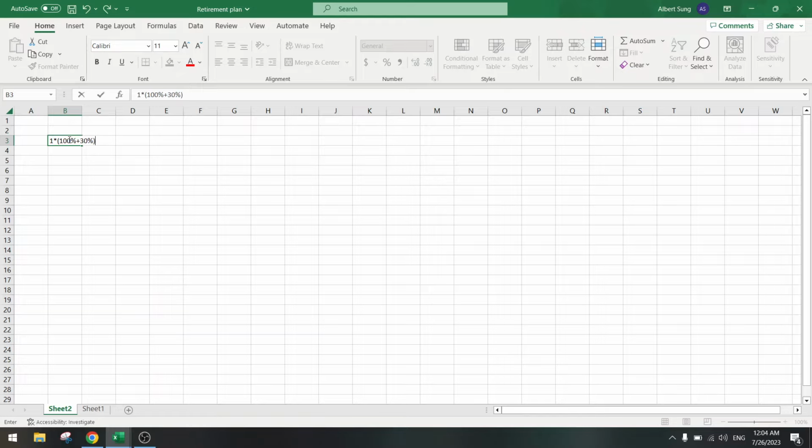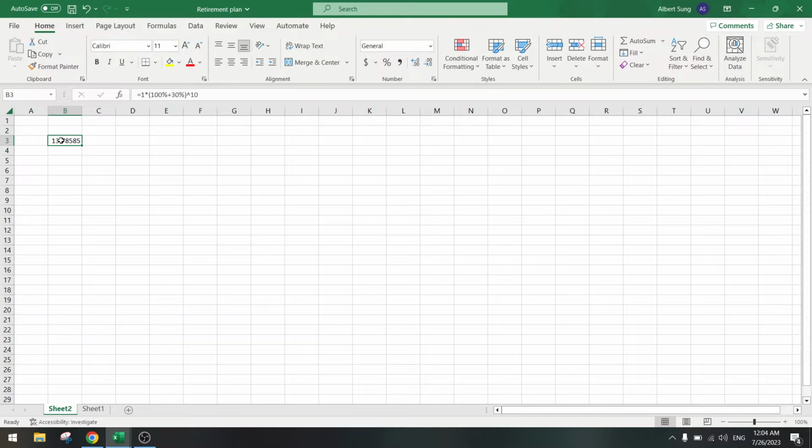And then there's this formula where you can do the power of, for example, 10 years. And that will be the compounding effect of that $1, where you get 30% dividends per year for 10 years. So that is our formula. And as you can see here, that $1 turns into $13.